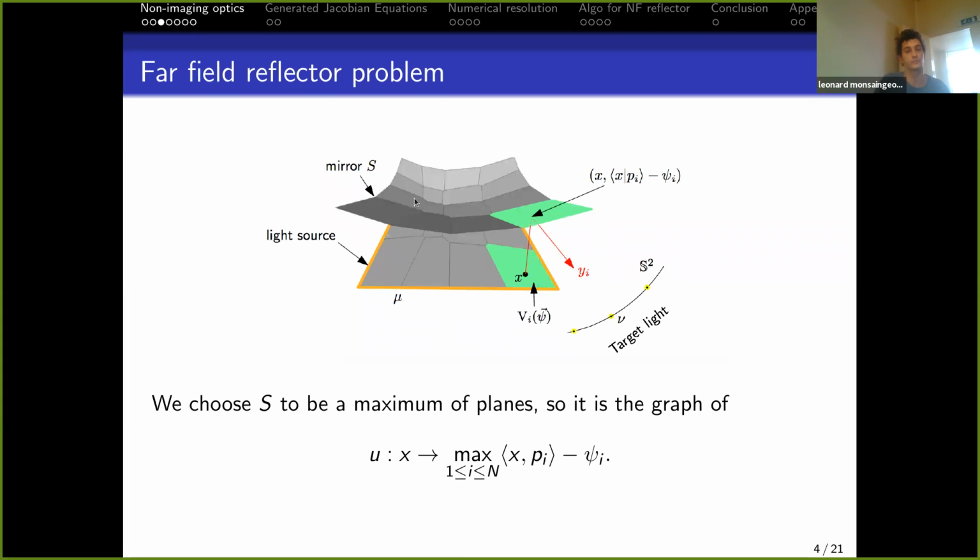Now I'm going to present our first non-imaging optics problem. This is the far field reflector problem. Here, what I'm going to consider is what we call a collimated source, which means that all the light rays emanating from that source are directed vertically, so they are all parallel, and the intensity of the light ray emanating from x is mu of x.